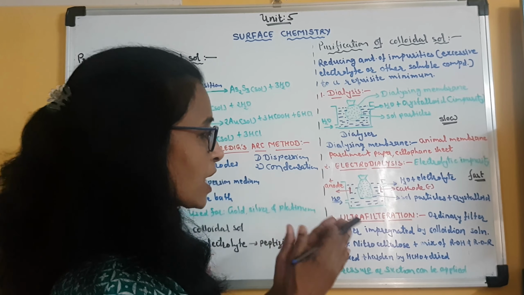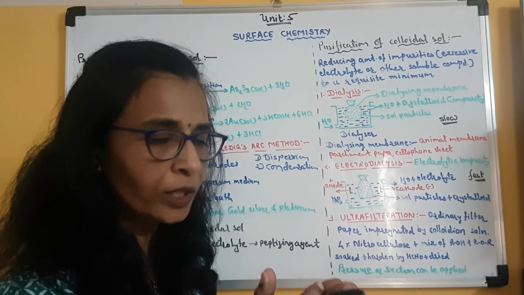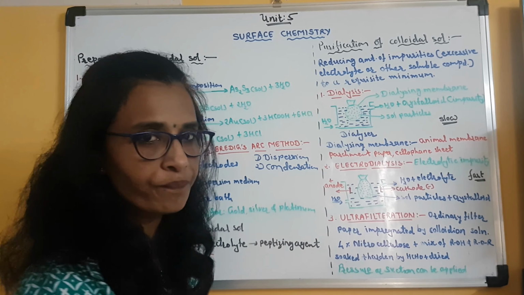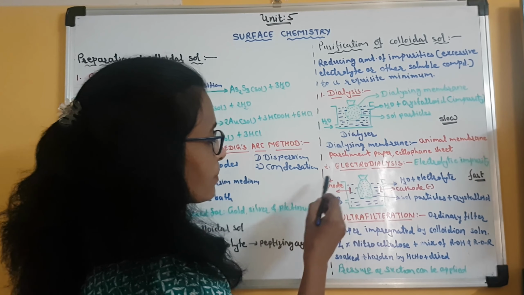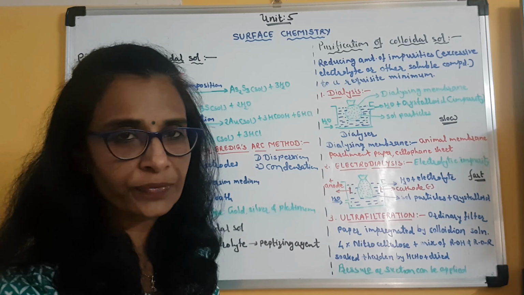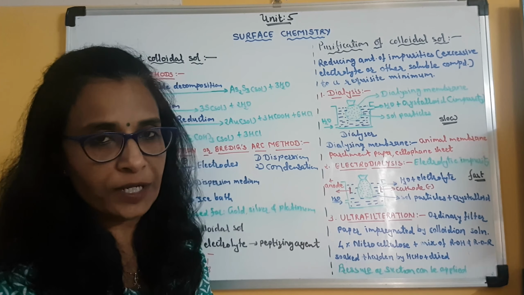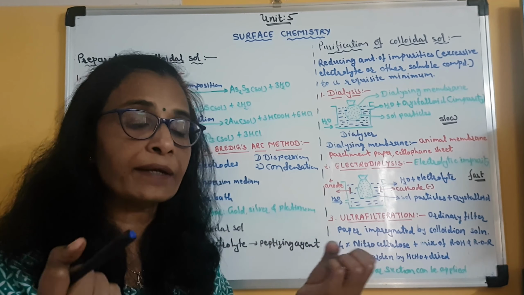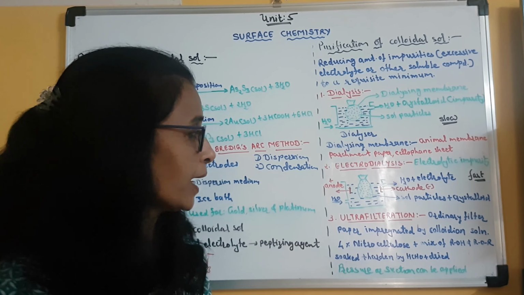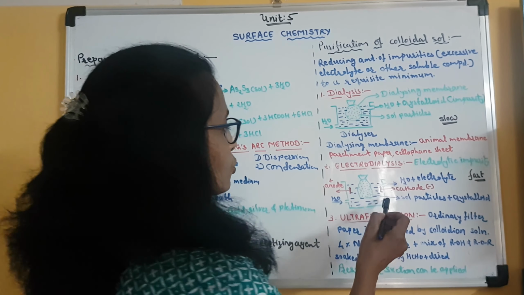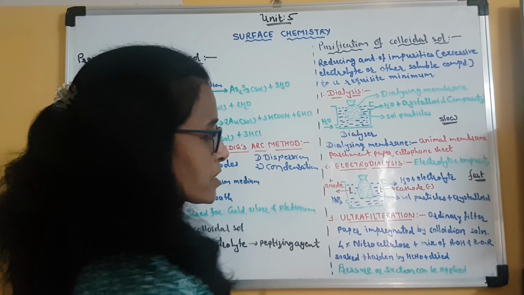Electrolytic ions present in the colloidal sol, positive ions will be attracted towards cathode and negative ions will be attracted towards anode. That is how dialysis will take place fast. Positive and negative ions of the electrolyte get separated very fast because an electrical field is applied, and so they are attracted towards the oppositely charged electrodes. So this technique is fast.